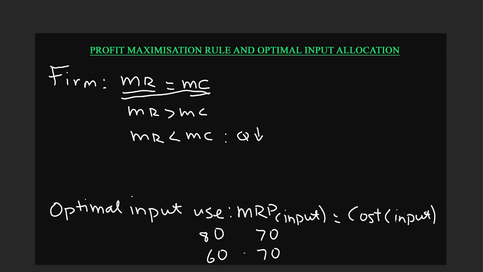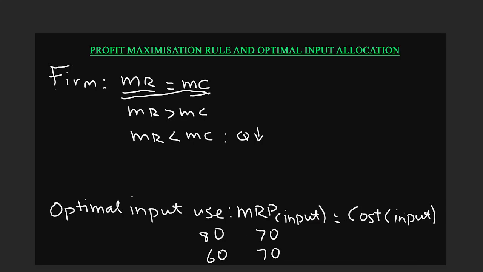The only point where you stop adding workers is where the marginal revenue product is equal to the cost, meaning how much that additional input adds to production is just equal to how much it costs you. This is where you stop.